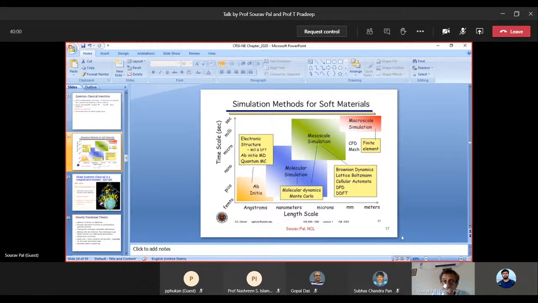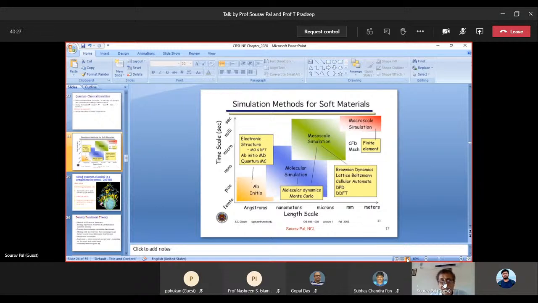And again, I will try to go full length for this slide, where you have simulation methods for soft materials. You look at various electronic structure methods for molecules, which are called ab initio or quantum mechanics. Then you have molecular simulation, as I told you, classical simulation, where atom-atom interactions are taken.